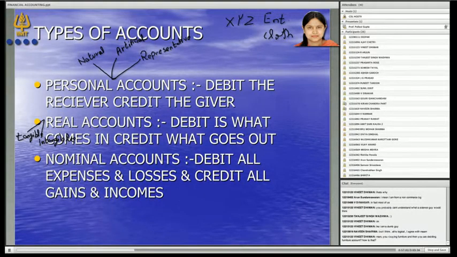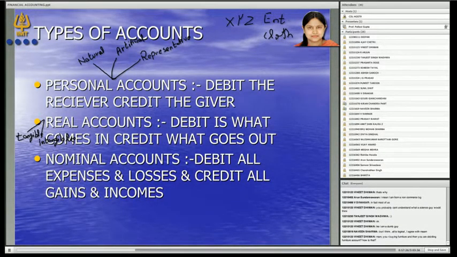So two accounts are involved. Furniture account is involved and check is involved, so bank account is involved, right? Now furniture account is a real account, bank account is a personal account. Real account says debit what comes in.